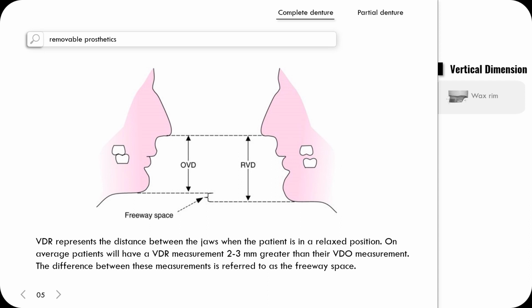But we do know the vertical dimension of rest position, so if you ask the patient to just relax their jaw, almost catch them as if they're about to fall asleep, that measurement, if we subtract 2 or 3 millimeters from there, should establish what our desired vertical dimension of occlusion measurement should be. Okay, so the difference between those two is what we call the freeway space. And on average, we want a 2 to 3 millimeter difference of this freeway space.